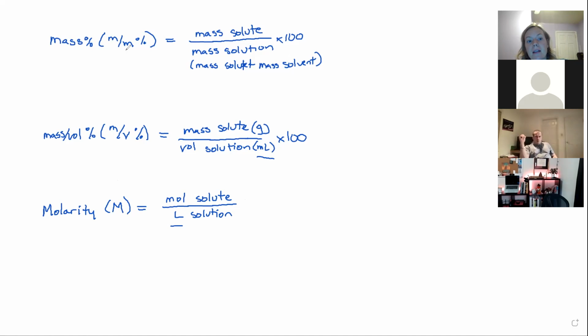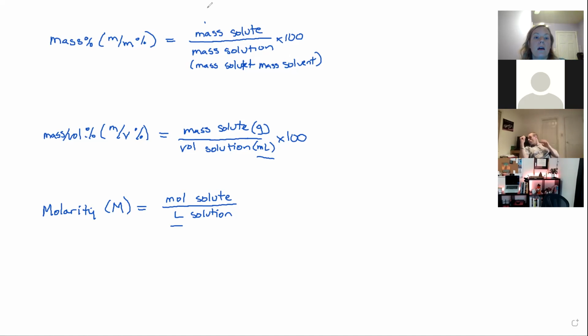I have the percentage, the mass of the solute, and the mass of the solution. The only thing that's different about the molarity one is it's not a percentage, so we don't multiply the value by 100 at the end. These two get that multiplier, this doesn't.